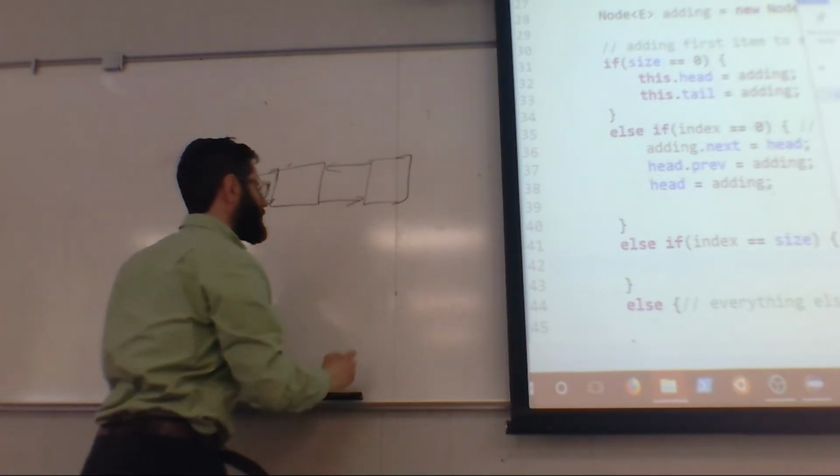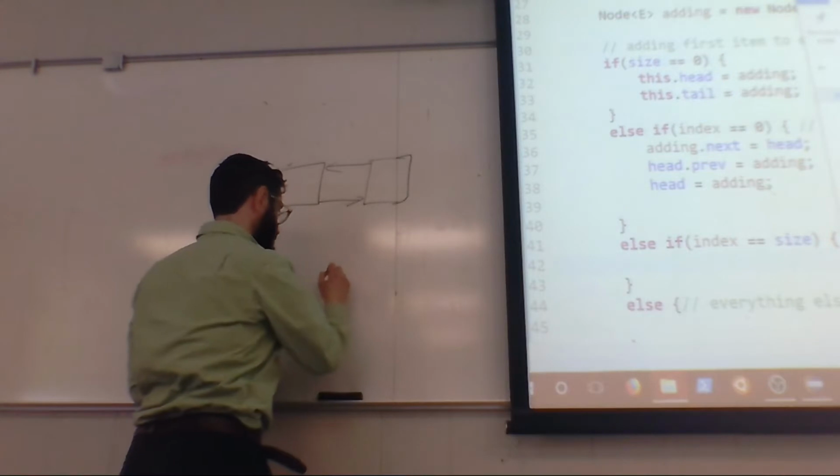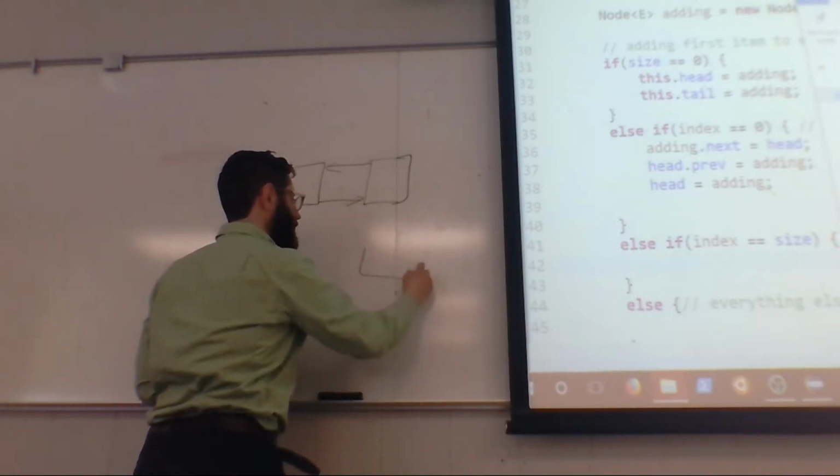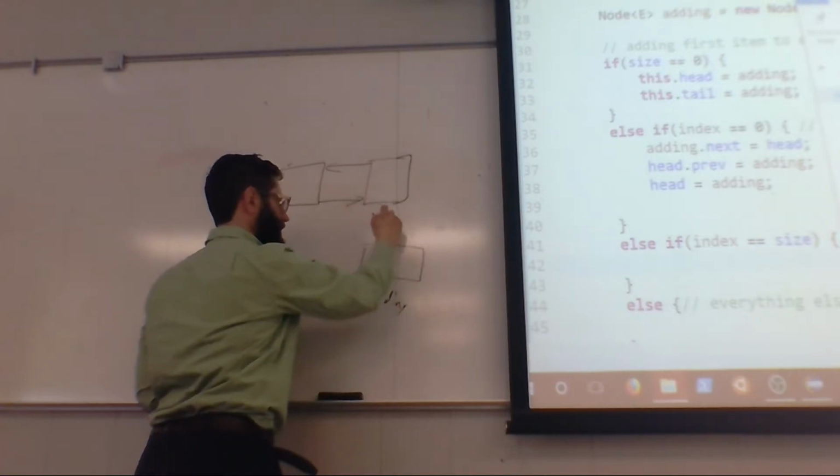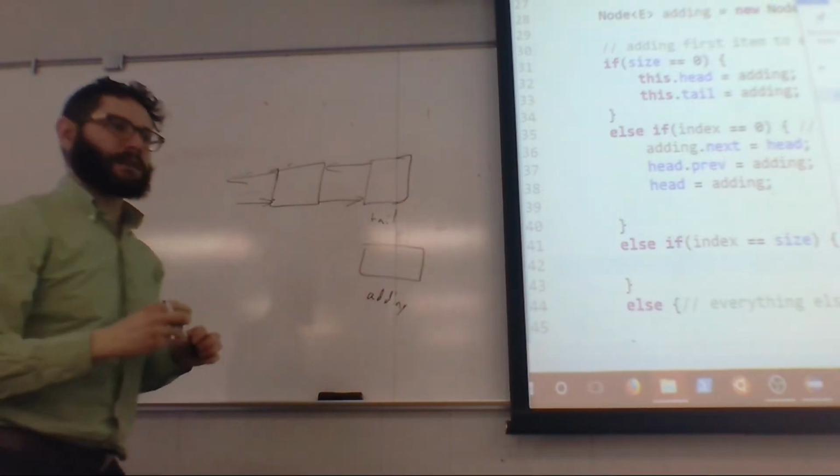So I've got this node adding, which needs to be the new tail. And this guy is currently the tail of the list. So what do I need to do?